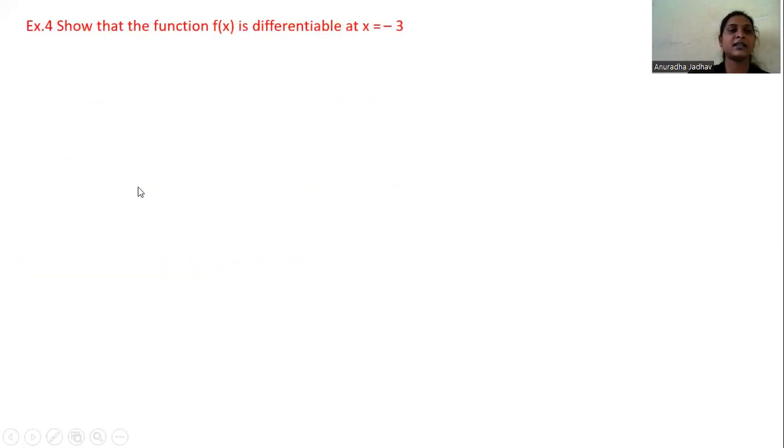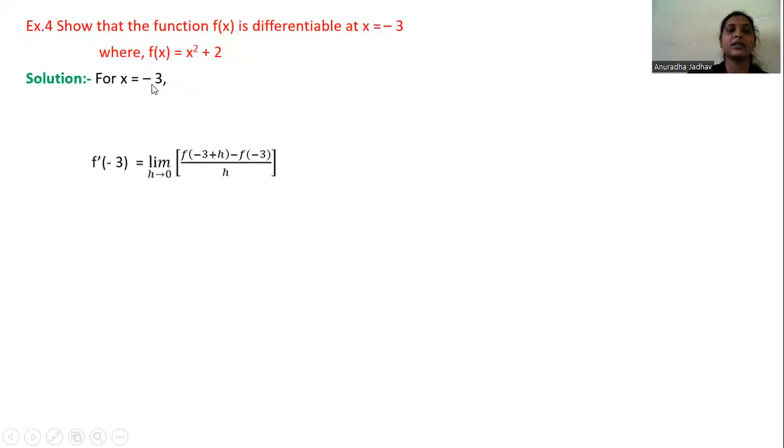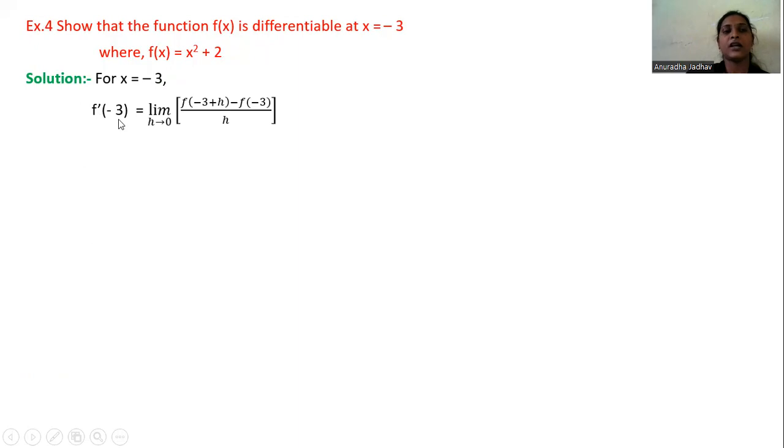And our last example is, show that the function f of x is differentiable at x is equal to minus 3, for the function f of x is equal to x square plus 2. For x is equal to -3, f dash of -3 is equal to, use the formula of derivative, that is, limit as h tends to 0, f of -3 plus h minus f of -3 upon h.